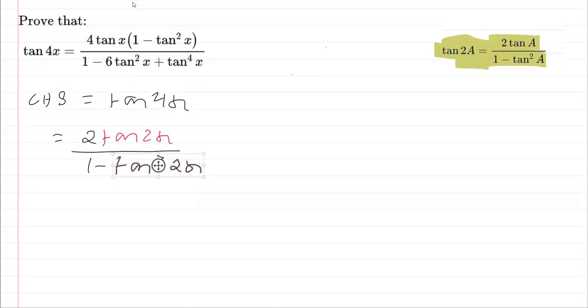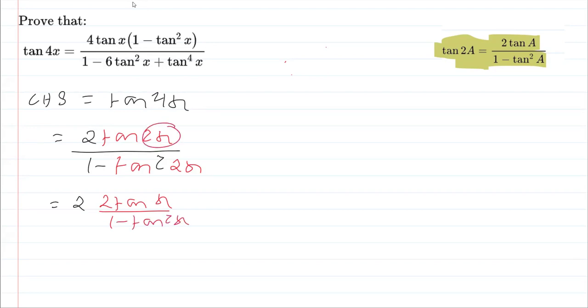So if I apply this identity, replacing this tan 2x using this identity, I can write this as 2 times 2 tan a, that is, 2 tan x, divided by 1 minus tan square x.